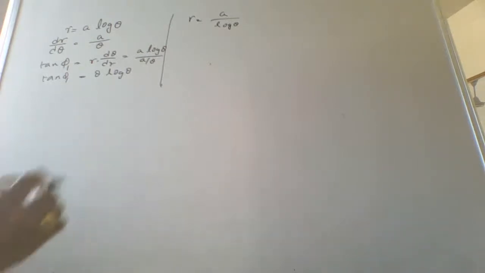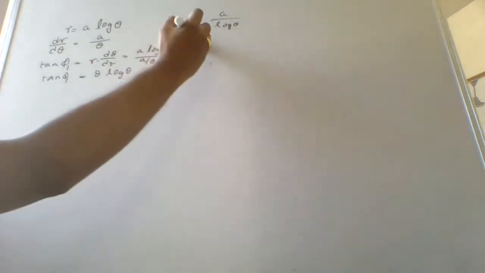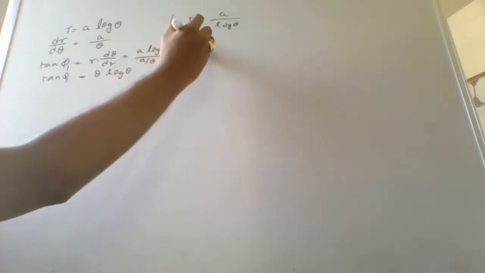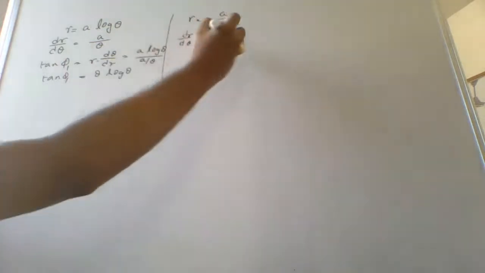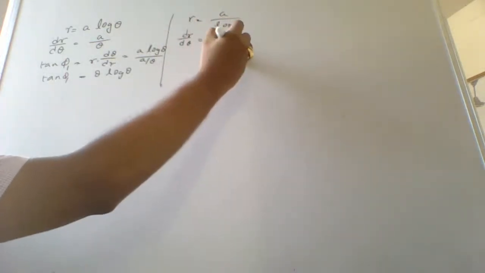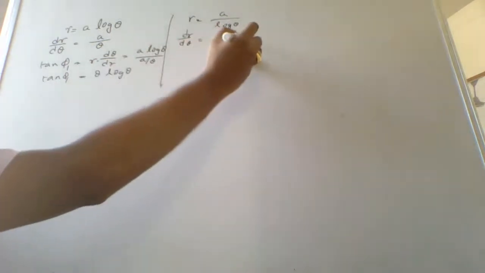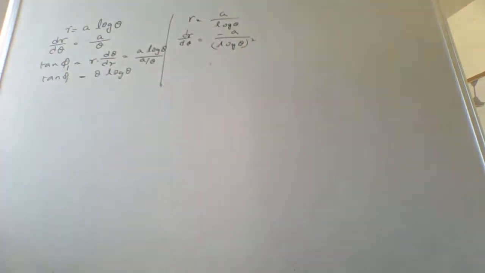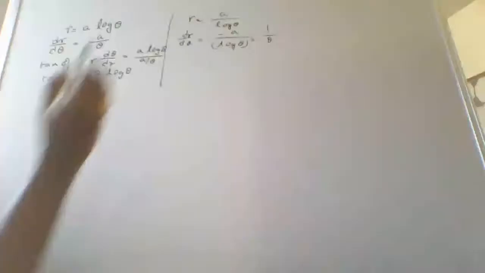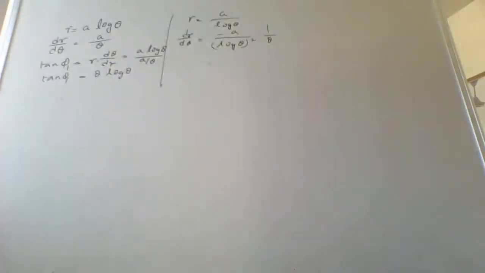So this would be dr by d theta, differentiating with respect to theta. So this is minus a by log theta whole square, and the differentiation 1 by theta here.